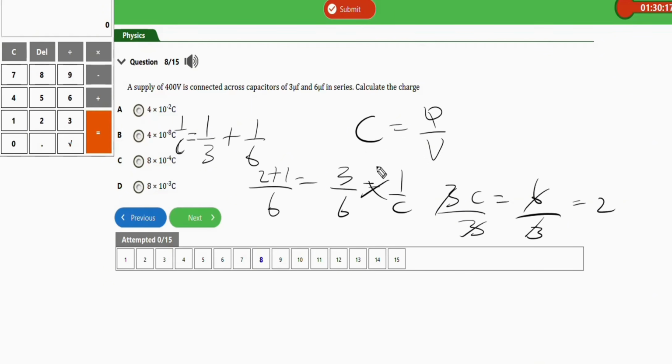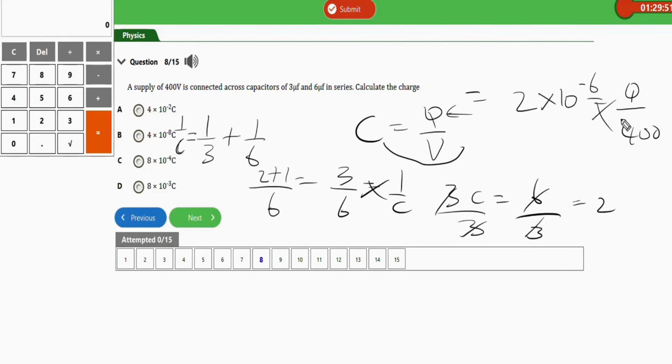So when you plug the values into this formula, remember we're looking for the charge, which is this parameter here. So it's going to be 2 microfarad. Let's convert the microfarad to farad. It will be 2 times 10 to the power negative 6 equals our charge over the voltage, which is 400.